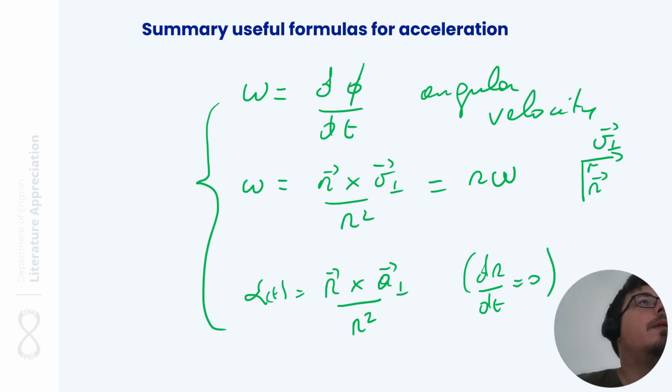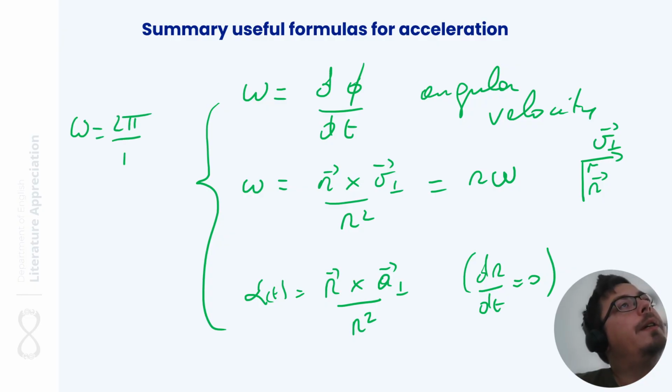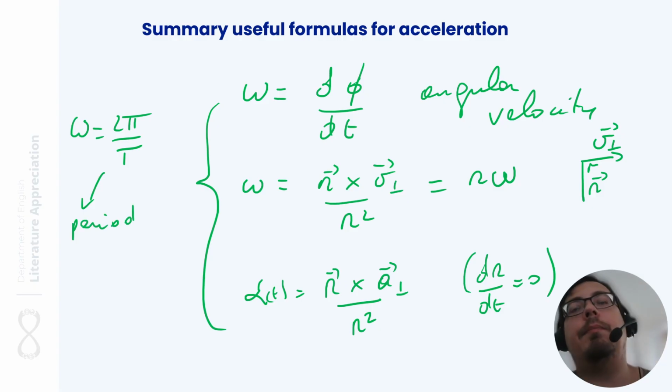And then we need to remember that omega is also related to 2 pi over T, where T is the period, which is the time that it takes the particle to get to the same position it started from. So for example, the Earth around the Sun is roughly 365 days, or whatever rate at which you're spinning your object. Okay, I hope that this was clear.